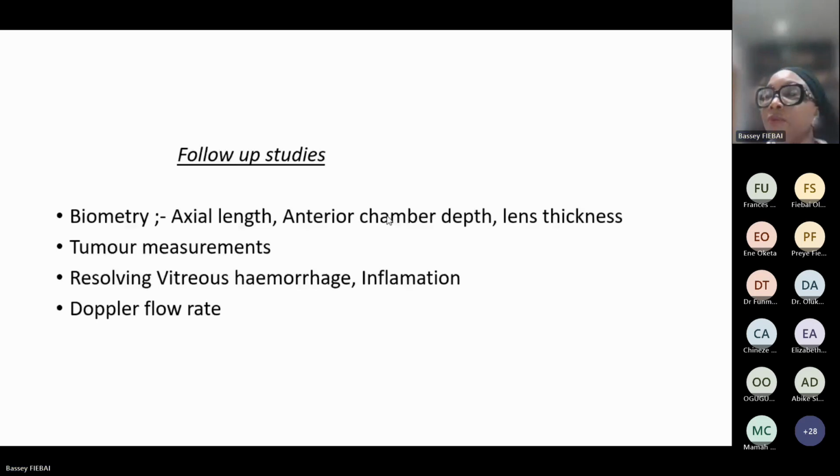Same thing for vitreous hemorrhage and inflammation. You can do serial B scans to follow up the patients to see if the hemorrhage or inflammation is resolving and decide if you want to change your management strategy.